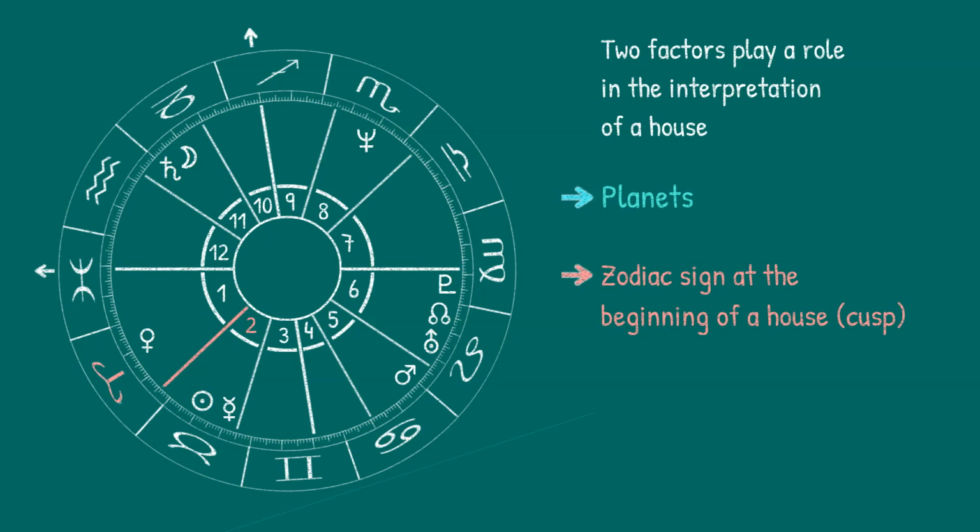Therefore, one could interpret that he is particularly motivated to implement these themes of the 2nd house, such as expressing his talents, creating values, and earning money. The Sun and Mercury in the 2nd house reinforce this interpretation. And since they are in Taurus, it means that he will also be very down to earth.